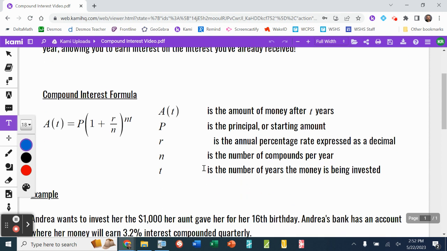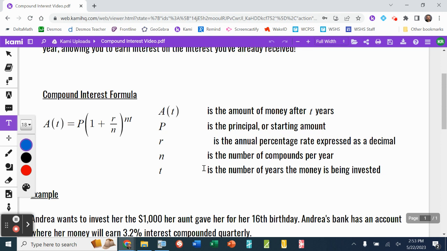So the formula for compound interest looks very similar to the ones you were using in the previous tasks, in that you could have the amount at time t, or just y, if you will, is equal to capital P, which is our principal or starting amount, times the quantity 1 plus r, where r is the annual percentage rate expressed as a decimal.